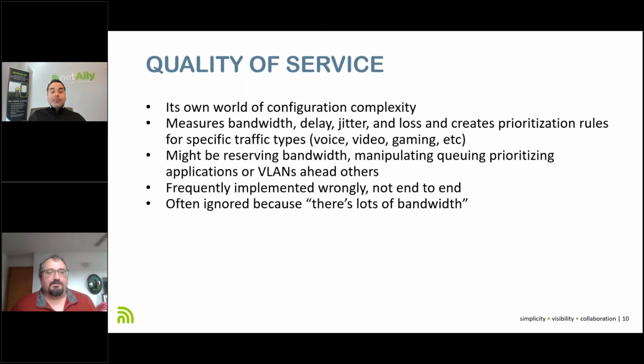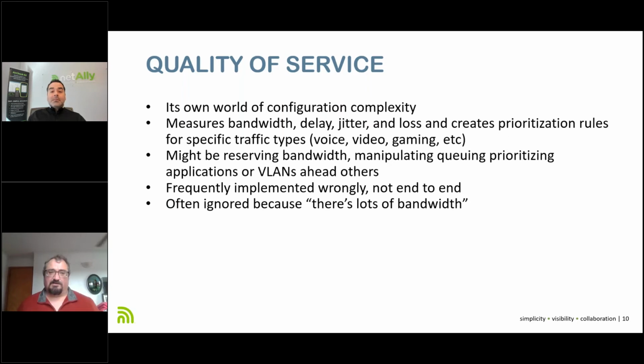Regardless of the products in play and the methodology, it's worth pointing out again, what are we trying to do? We're trying to get a handle on bandwidth, delay, jitter, loss, right? We're trying to optimize all of that for a better application experience, right?